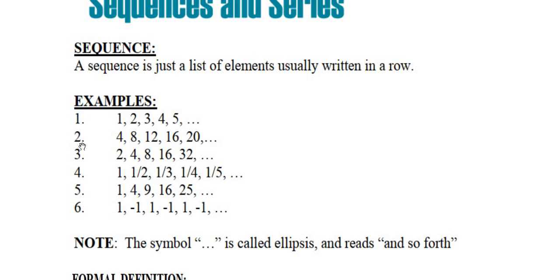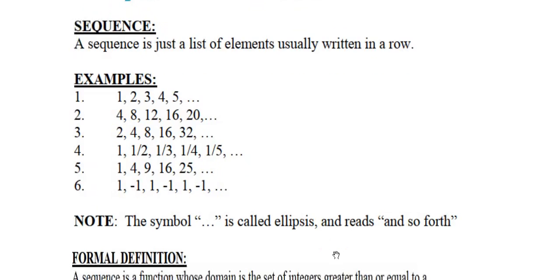The second example is 4, 8, 12, 16. Just a list of elements usually written in a row form is called a sequence. The symbol dot dot dot is called ellipsis and means and so on.